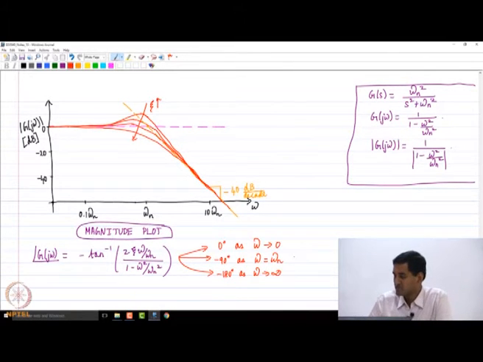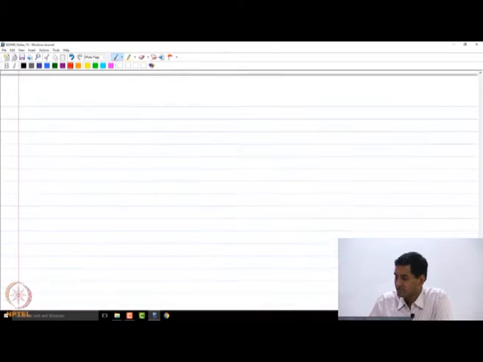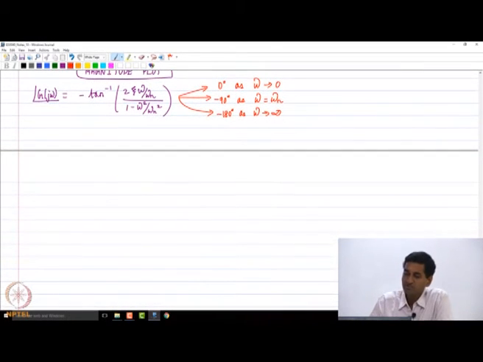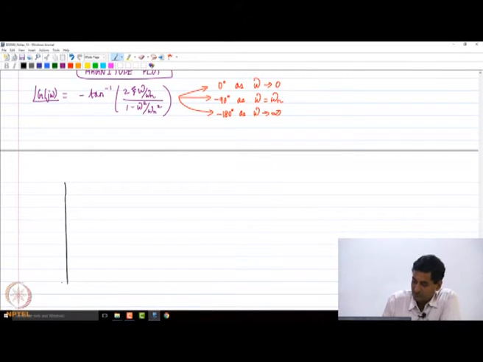So this is what happens to the phase plot of this particular factor. So if you want to plot the phase plot, what will happen is the following. Let me plot the phase plot of this particular transfer function. So this we are going to plot in degrees.